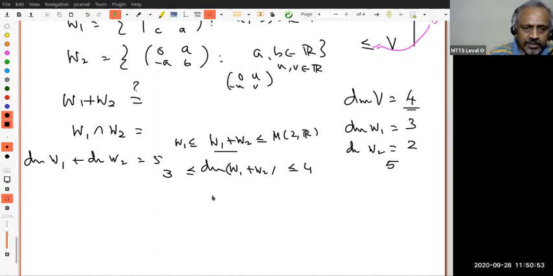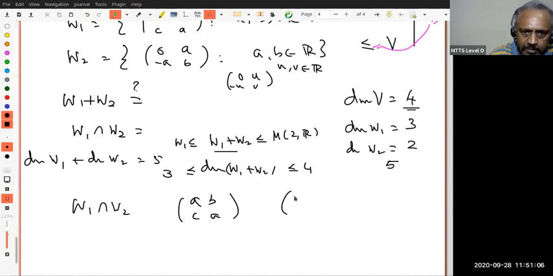The way I want to arrive at it is very interesting. Let's look at W1 intersection W2. What does that mean? In W1, any element is of the form A, B, C, A, and in W2, any element is of the form 0, U, minus U, B. This object should be in W1 intersection W2.